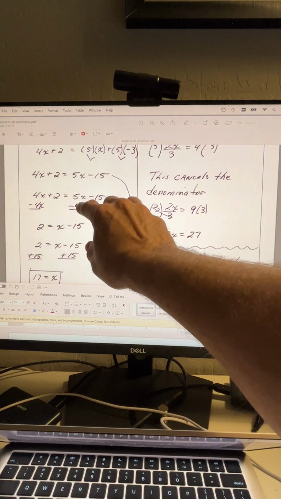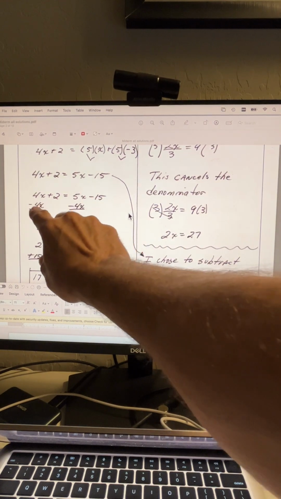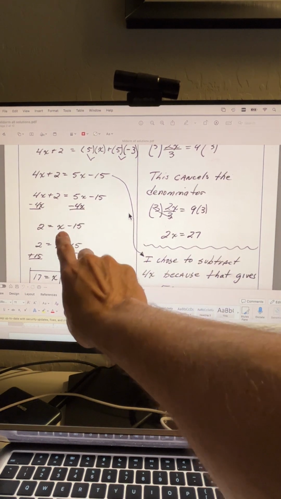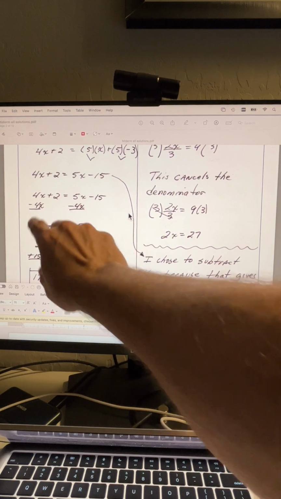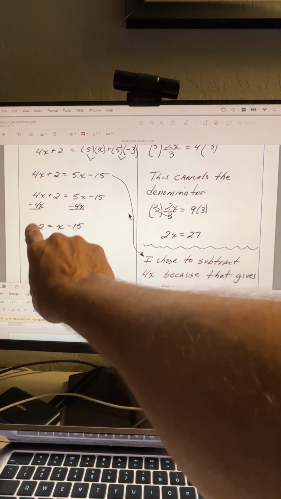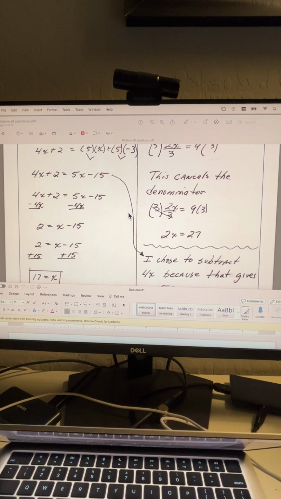Well, 5 minus 4 we know is a positive 1. And that's why I chose to subtract 4, because then I have a positive x here. If I would have subtracted 5x from here, I'd have a negative 1x on here. No big deal at all. You'd still get the same answer.